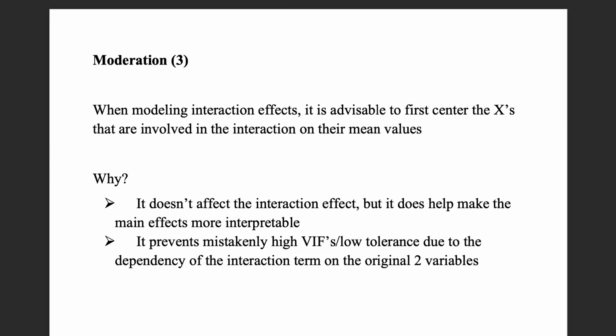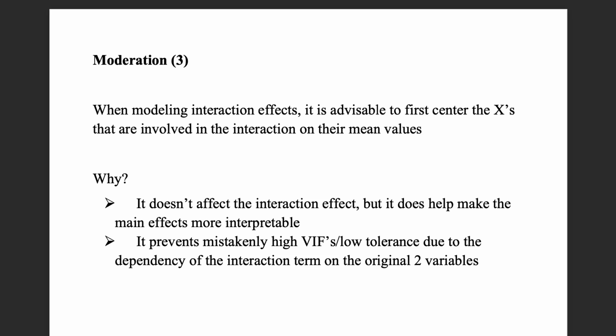The second reason why it's quite useful is because you might want to look at things like VIF values, the variance inflation factors, or equivalently look at tolerance values to see, well, do I have a problem with multicollinearity? We already learned how to do that and what it means. And the thing is, if you have interaction variables, then you are including the same variables twice in your model because you have them included as main effects, but you also have included them in the interaction term.